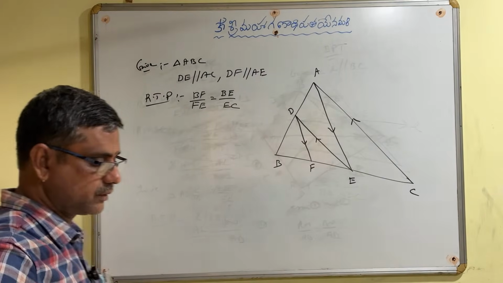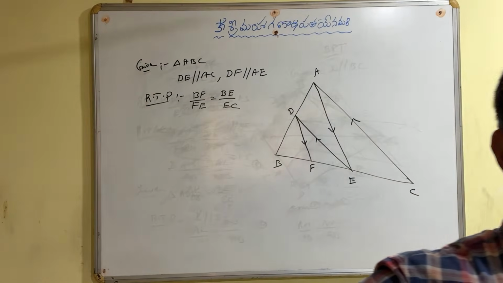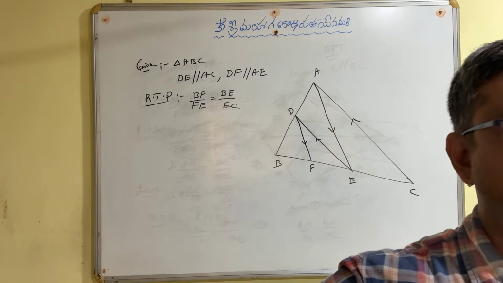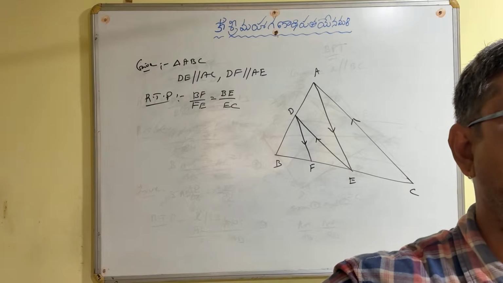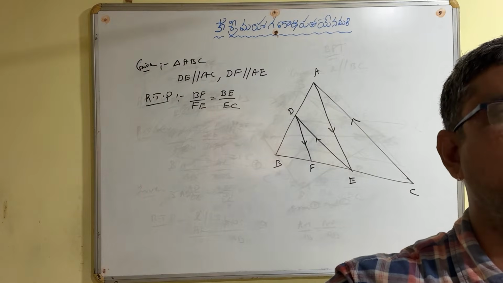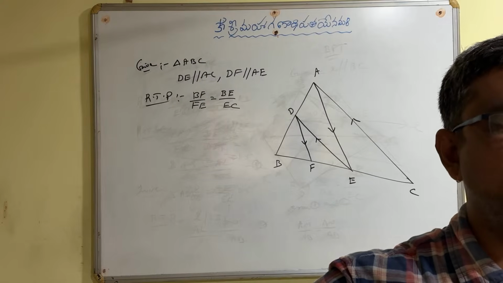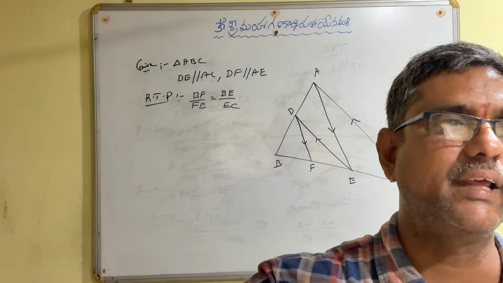Now, we have only one option, the basic proportionality theorem, to apply. For that, we need to consider a triangle in which a line is drawn parallel to one of its sides, intersecting the other two sides.